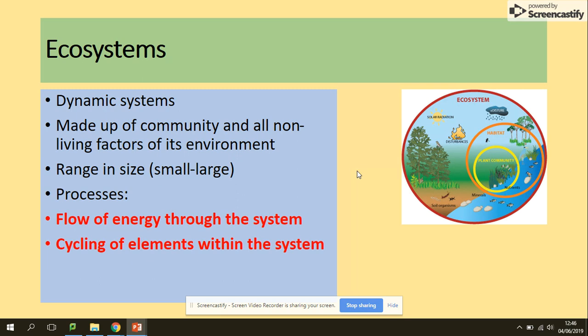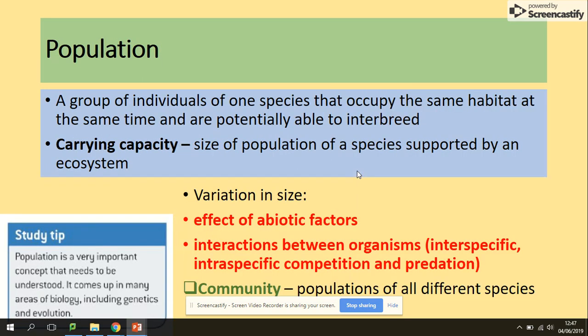Ecosystems are dynamic systems. They are made up of a community and all the non-living factors of its environment. They can range in size, and the important processes within the ecosystem are the flow of energy through the system and the cycling of elements within the system.